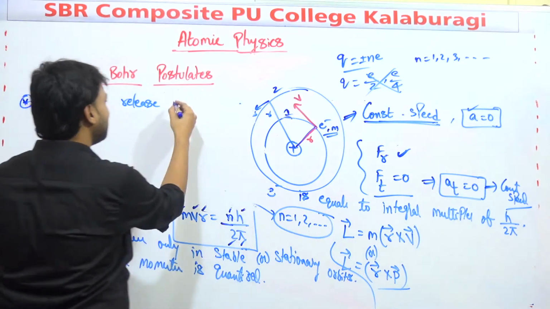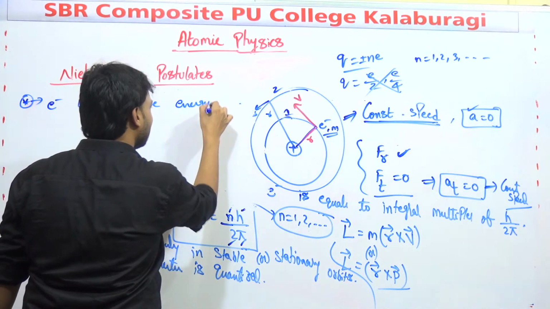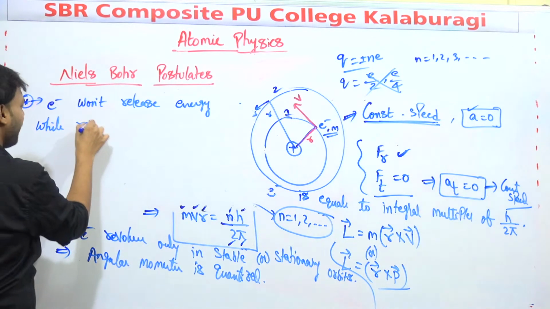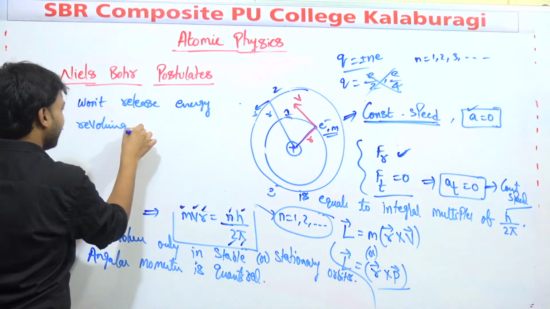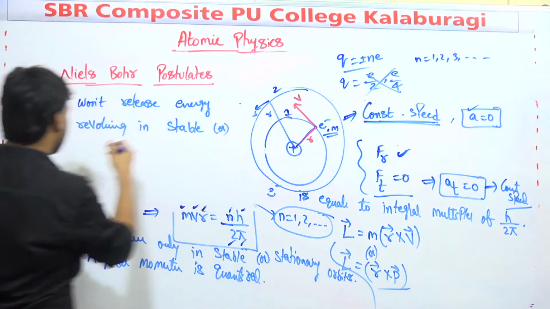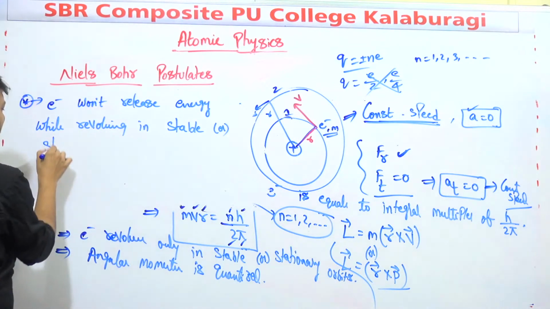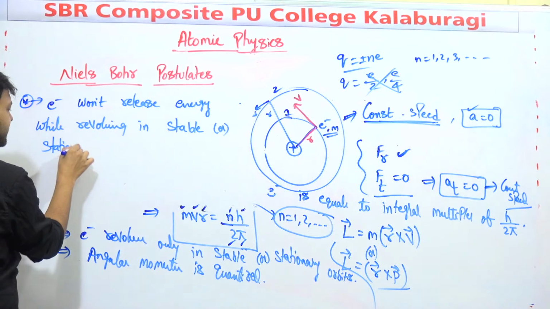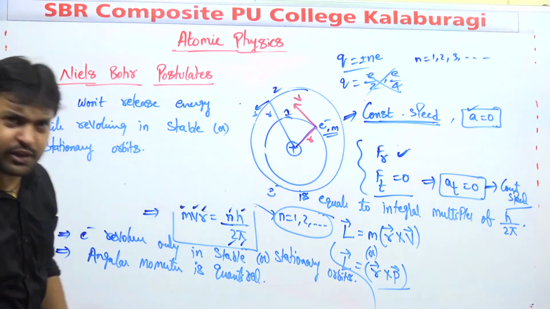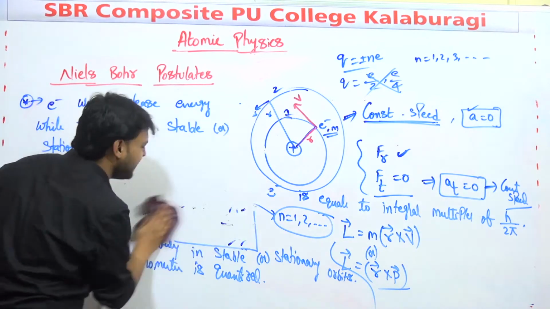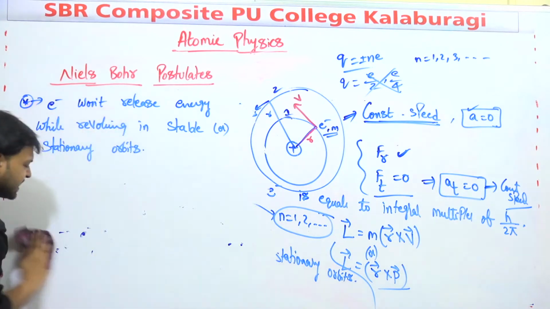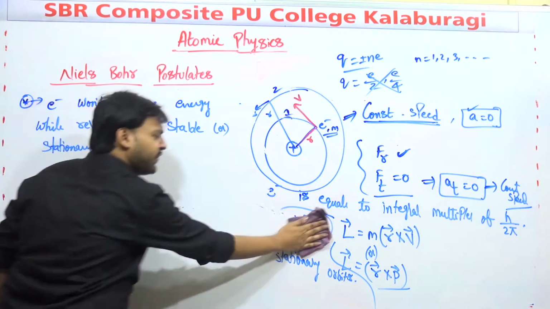Electrons won't release energy while revolving in stable or stationary orbits. This we discussed already. So electrons won't release any energy while revolving in stable or stationary orbits, in spite of force being there.